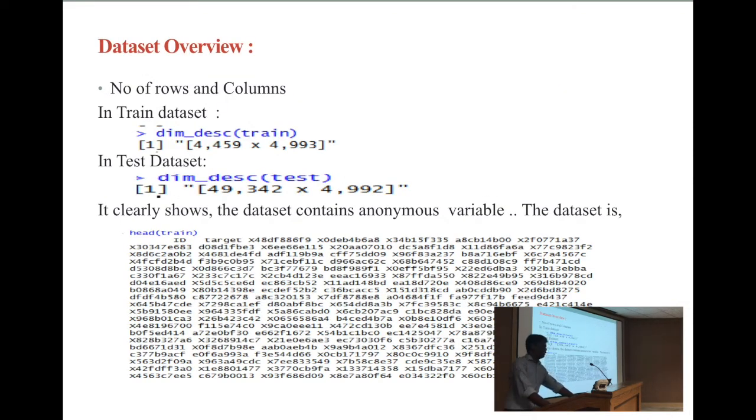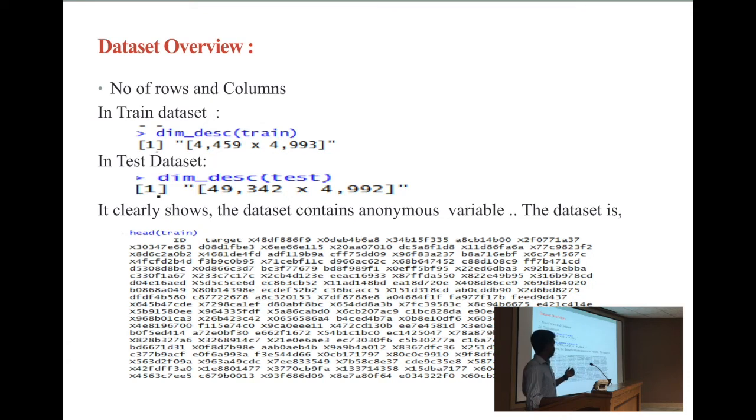Now the data set overview. First of all, we find out how many rows and columns we have in the data set. Here we are using the train data set, the dimension description. Train means the train data set. Here they gave 4459 rows and 4993 columns.